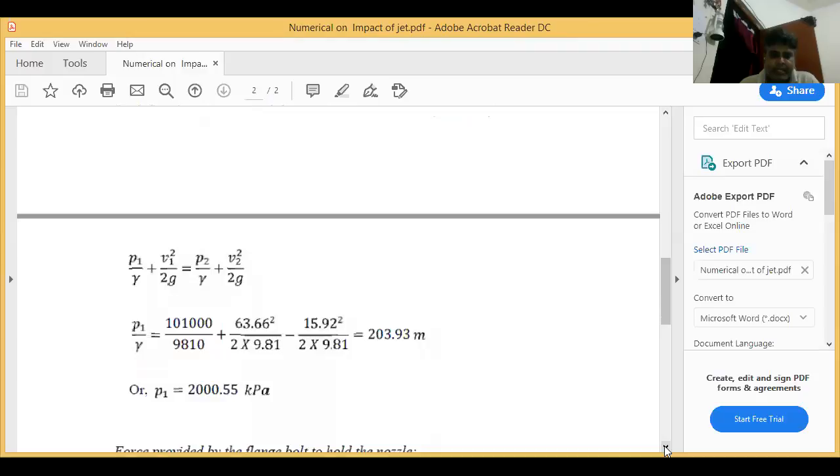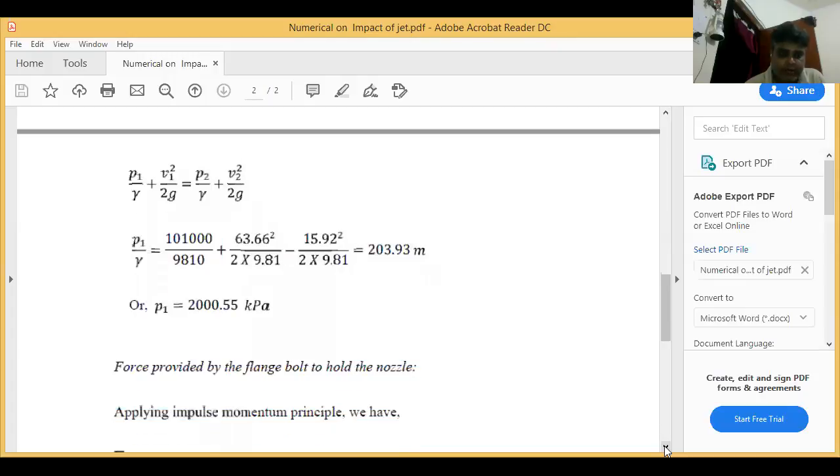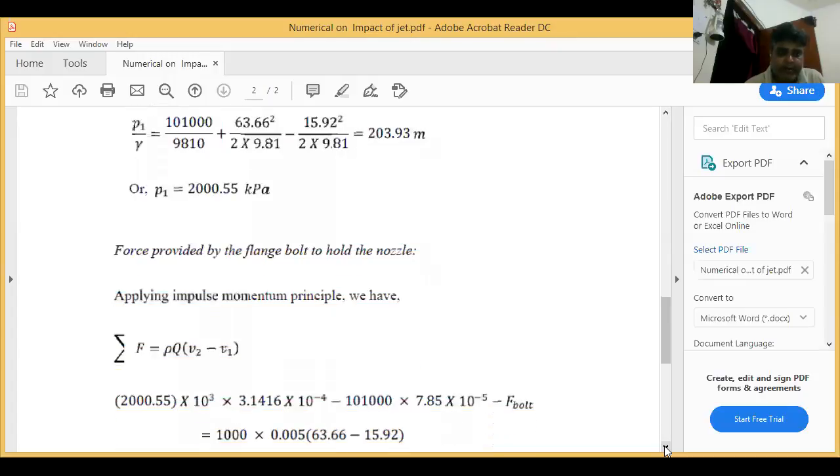This is the pressure head at section 1. That means pressure is equal to head multiplied by gamma. That is, P1 is equal to 2000.55 kilopascal.